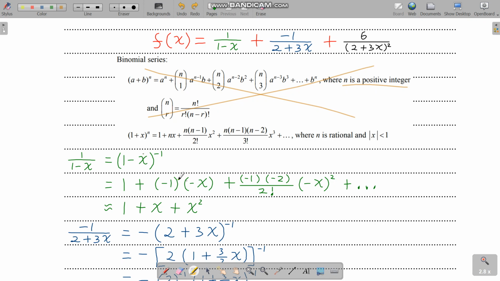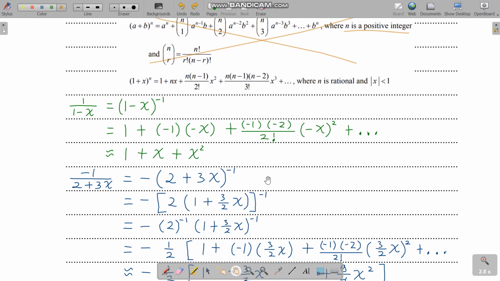So just apply the formula, 1 plus nx plus n times n minus 1 over 2 factorial, x squared. We plug in everything and then we simplify. From here we have plus x, and when we use a calculator, this is just 1, the minus cancels out. And remember, the minus is also squared, so we have plus x squared.